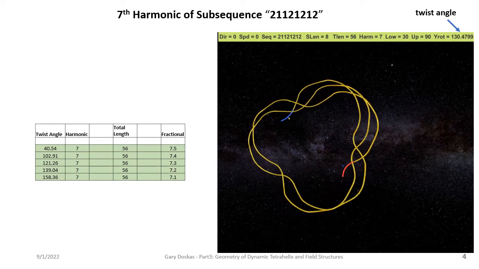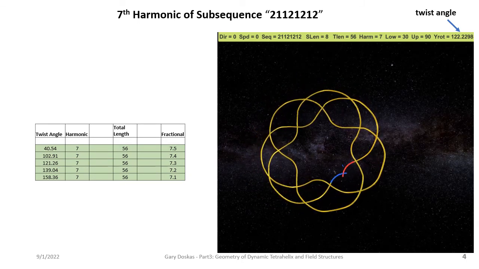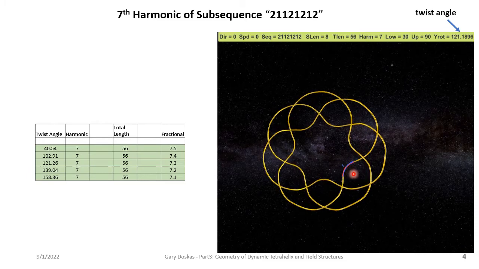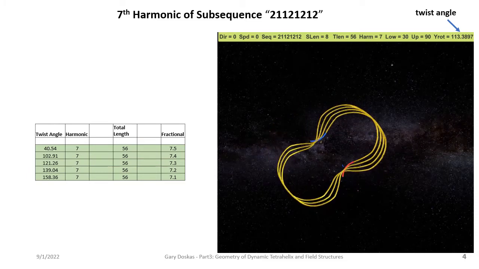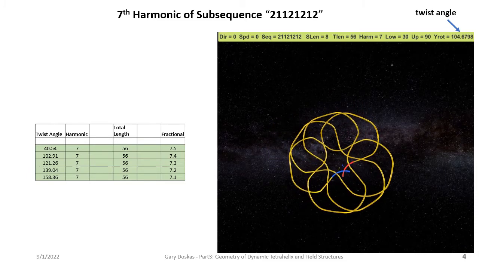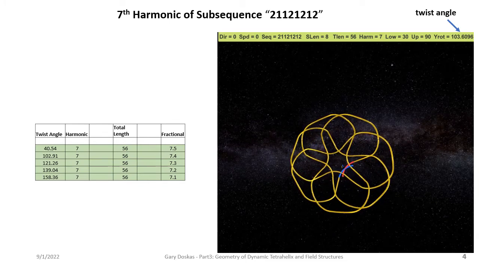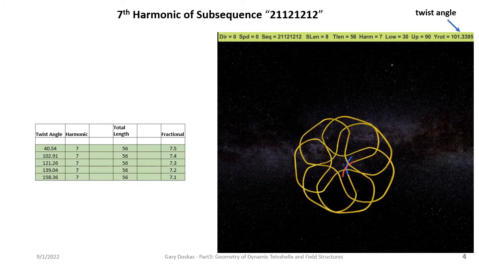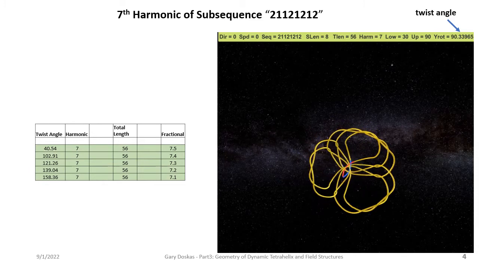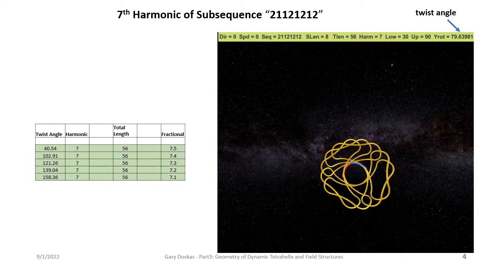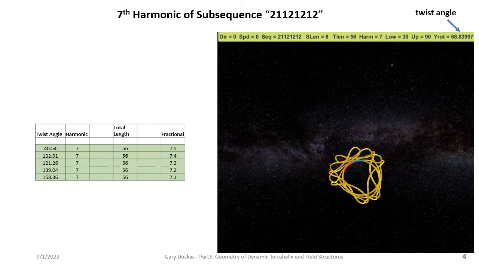Then the third loop is closed to form the 7.3 harmonic. The twist angle continues to decrease and the tetrahelix then forms the fourth loop to create the 7.4 harmonic. The tetrahelix continues to wrap around itself into smaller loops until it forms the fifth loop to reveal the 7.5 harmonic.